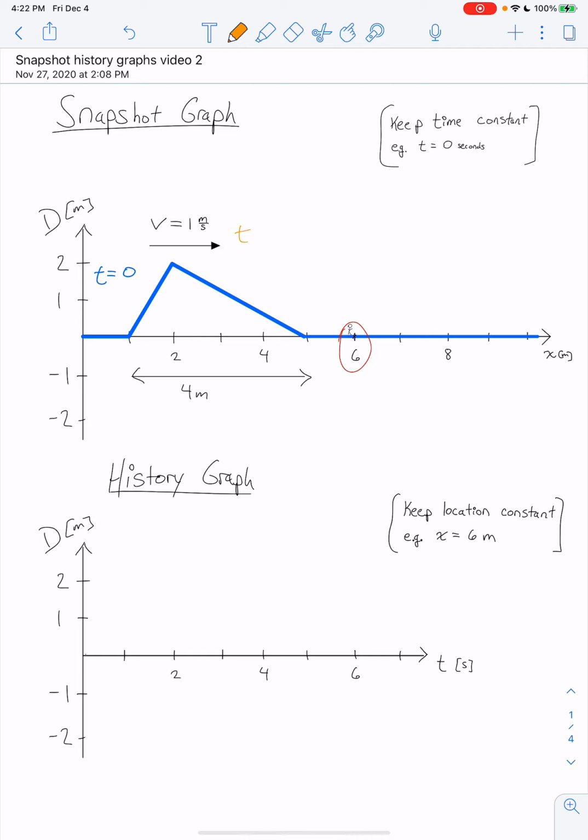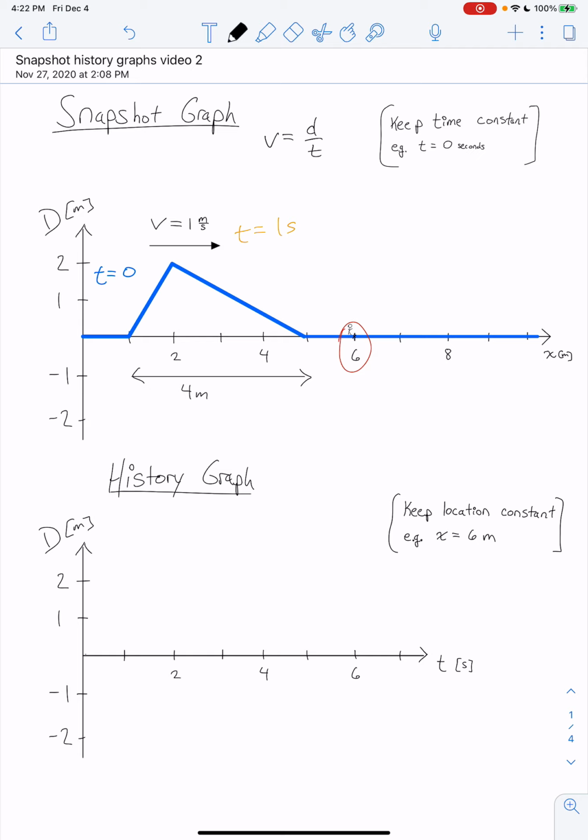Well, what about t is equal to 1 second? What we're really saying is, where is that wave 1 second later? The only math we really need to do in snapshot to history graphs is to apply v is equal to d over t. That's it.